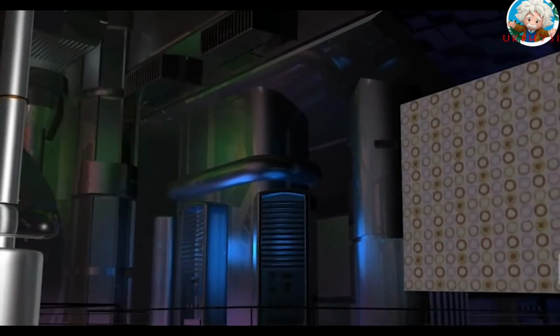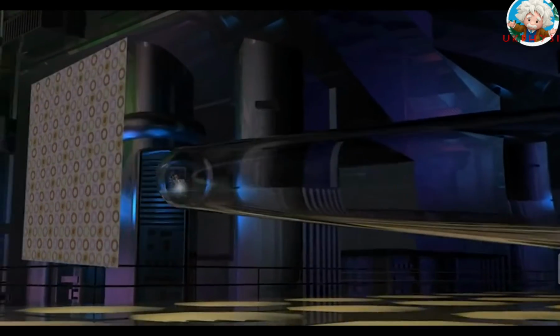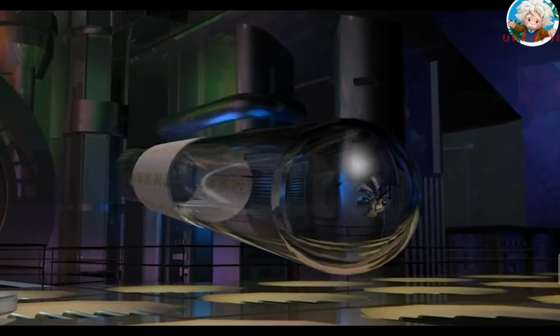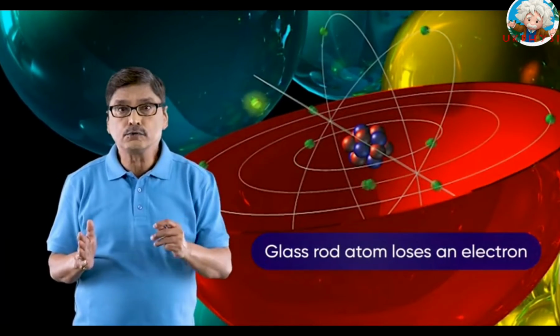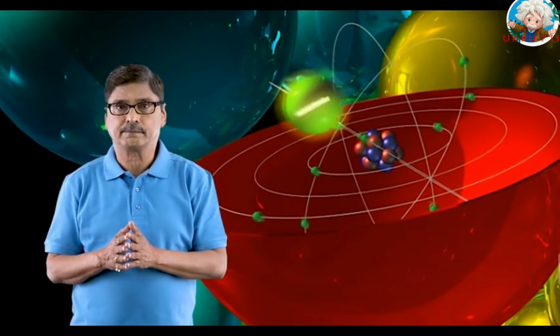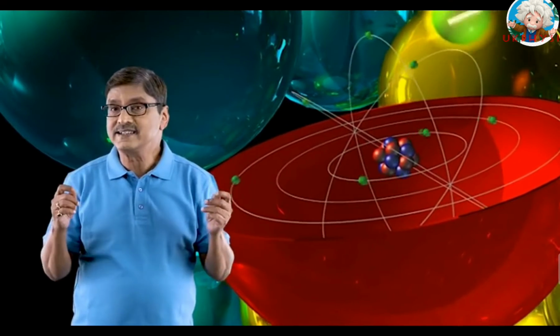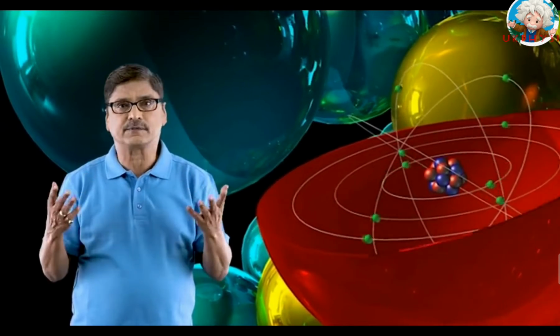The same is true for silk as well. But when the neutral glass rod is rubbed with the neutral silk cloth, the energy spent in rubbing is used to transfer electrons. A glass rod atom loses an electron due to friction produced during rubbing. The deficiency of one negatively charged electron creates an imbalance of charge.